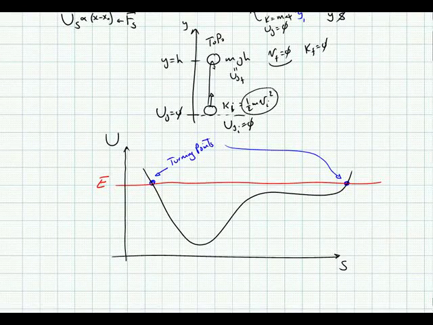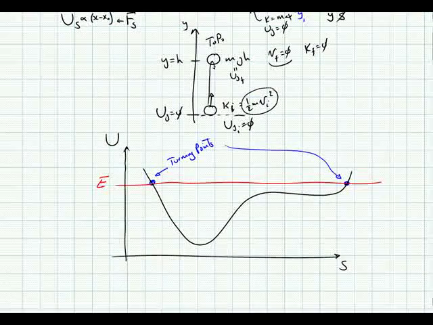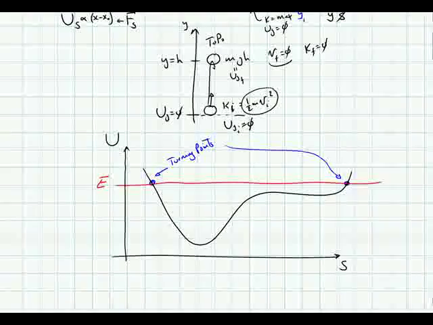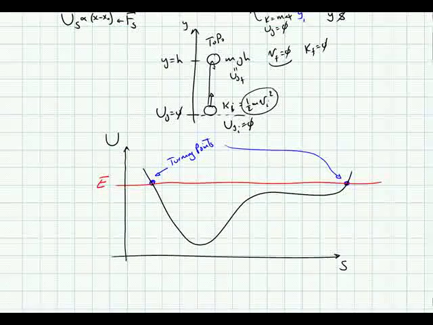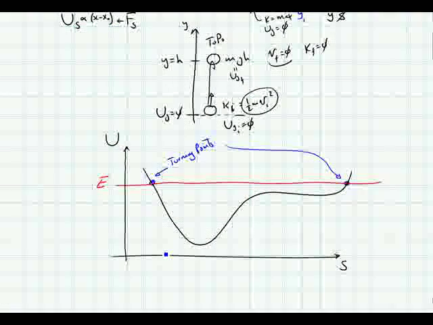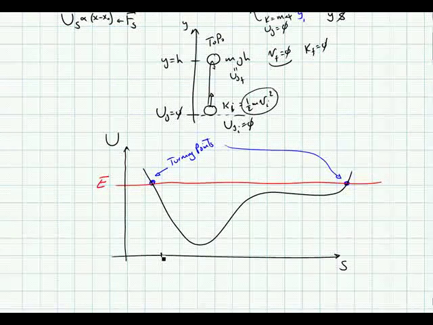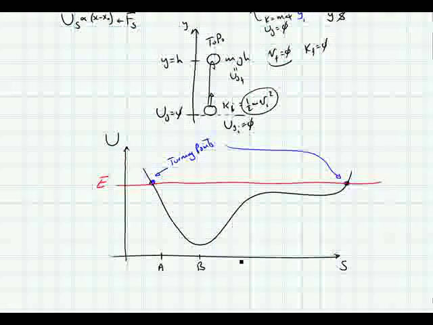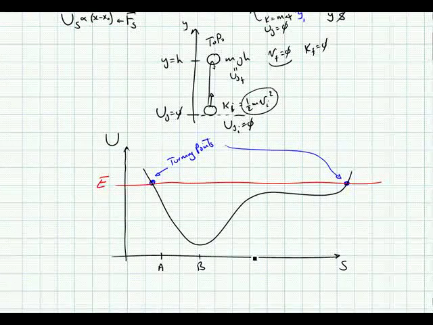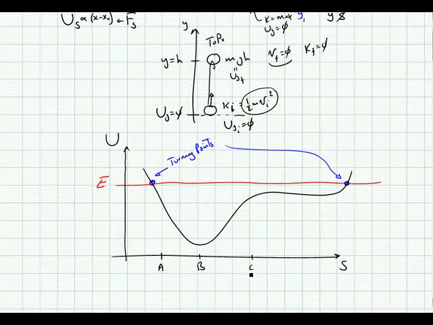Next thing to note is that what we have here is a plot of potential energy. So if we were to take a look at positions, let's take a look at positions A, B, let's look at position C here, and perhaps position D here.